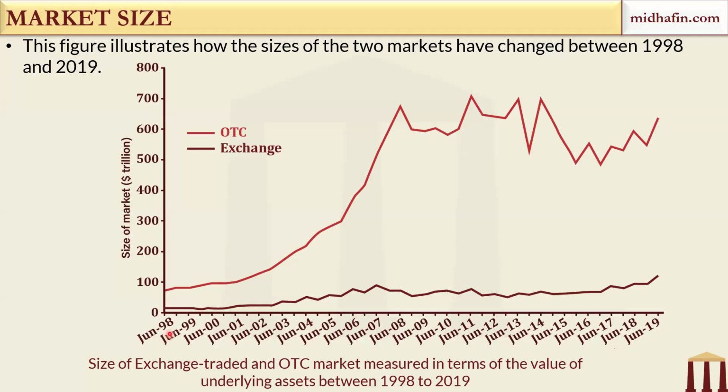If you compare only 1998 to around 2008, just before the financial crisis, you'll see that the expansion in OTC was even more than exchange traded, because after that there has been a kind of roller coaster for OTC. Exchange traded also decreased around this point, but overall it has increased. To understand the evolution of the size, we can break this into a few manageable segments.